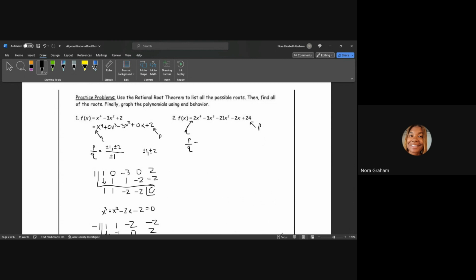All right, and let's see what we get. So let's list out all the multiples of 24. So I'll have plus or minus 1. Plus or minus 2 is a multiple of 24. Plus or minus 3 is a multiple of 24. Okay. Plus or minus 4 is a multiple of 24.